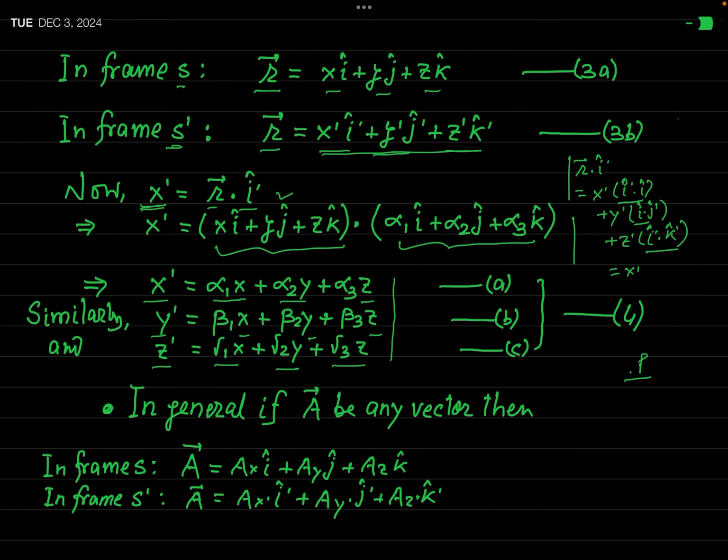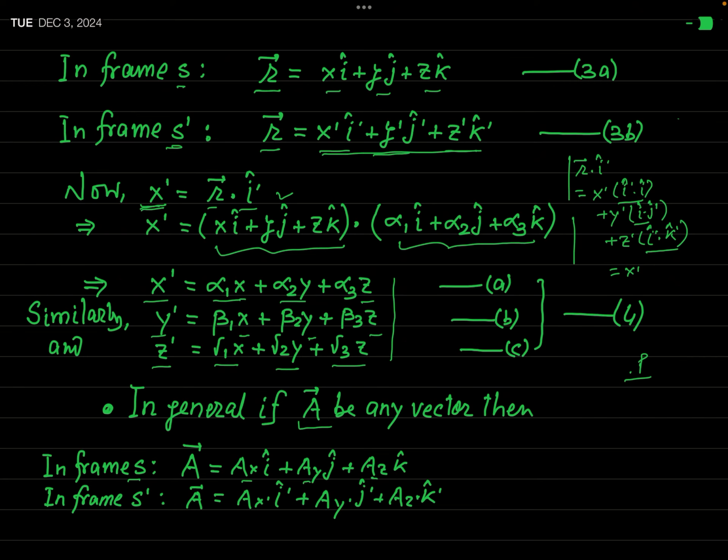Later on, we will also see in a similar manner how we can express x, y, z in terms of x', y' and z'. But before that, let us consider in general a vector A. A is any vector. When expressed in frame S in terms of its rectangular components Ax, Ay and Az, A can be written as Ax i plus Ay j plus Az k.